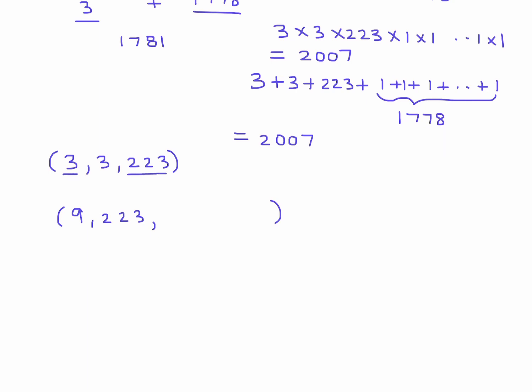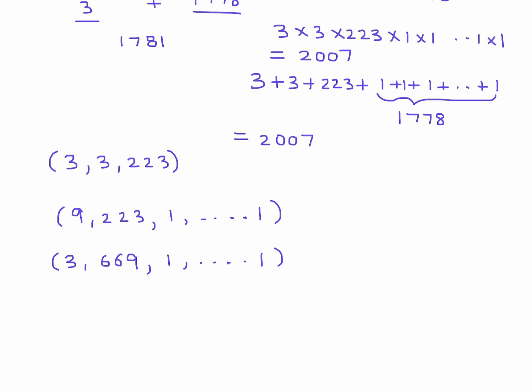Or you can multiply the 3 and 223, and that will give you 3 and 669 as the elements of the set. And just as before, you're going to have a whole bunch of ones here in order to get the sum up to 2007. So let's do each of these and see what we get.